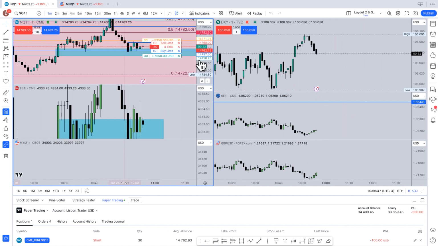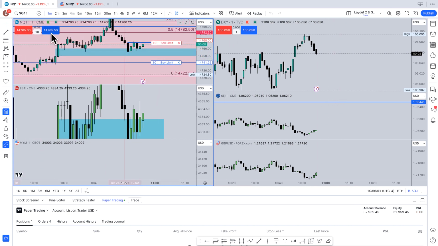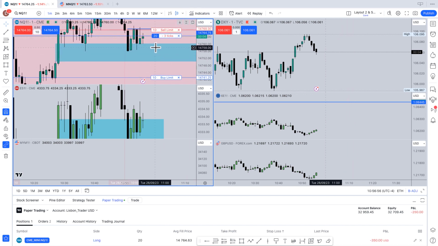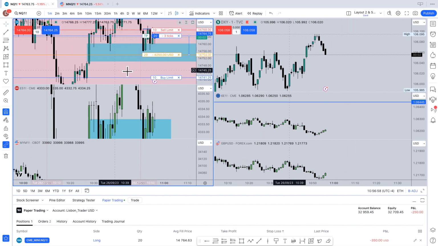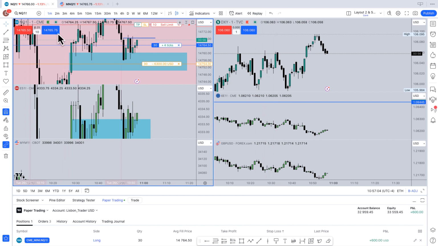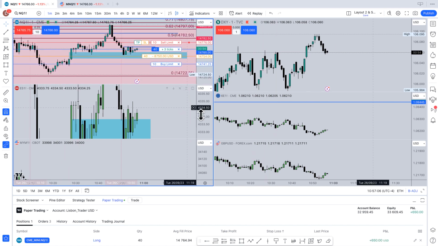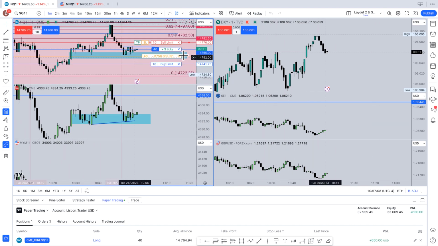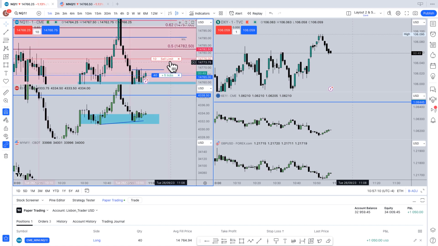This might want to revisit there. It's tricky. Let's go to the upside. I think he wants to cause a SMT divergence between ES and Nasdaq, as explained.